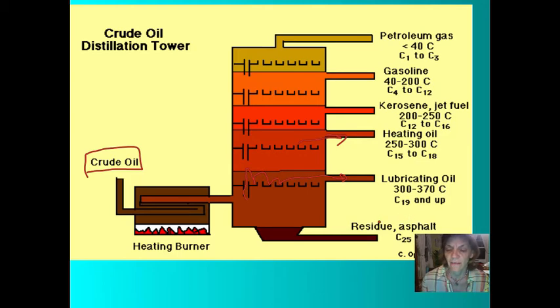So the heaviest stuff is the asphalt, and it just stays at the bottom. Then you've got your lubricating oil, like your car oil, heating oil, kerosene, jet fuel, gasoline's way up here, petroleum gas. And as you go up, you would probably even find lighter things like propane and methane.